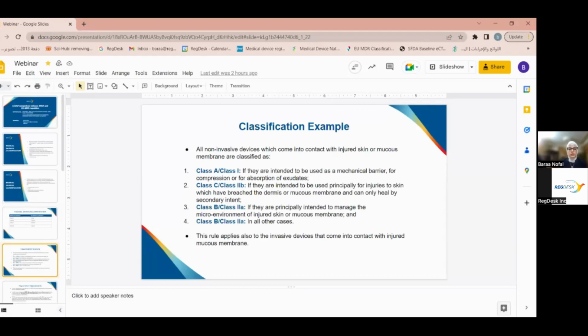So if you have any concern, and if you're afraid of receiving a rejection about the classification, because if you classify your product incorrectly, Saudi FDA will return your file to reclassify, and maybe you will lose the fees. So in order to prevent this, I advise you to submit for the classification service at Saudi FDA to make sure you have the classification correct.